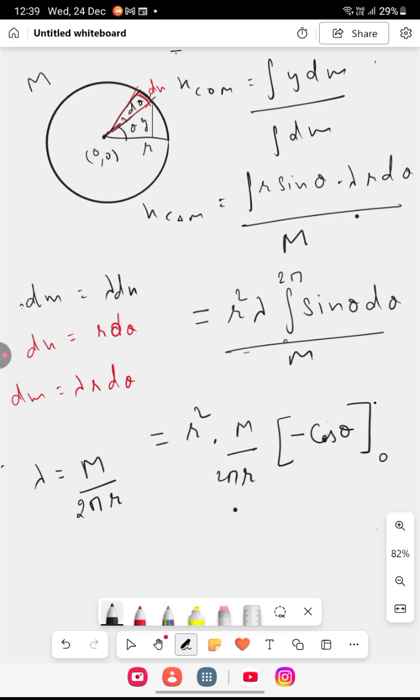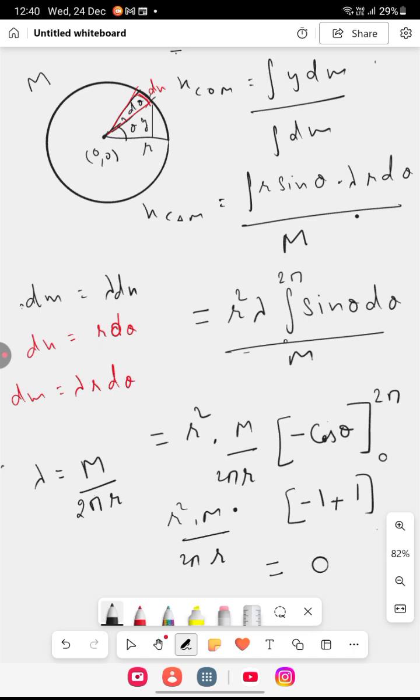Solving it, we get cos 2 pi is 1, this minus sign gives minus 1, minus cos 0 is minus 1, and this minus makes it positive, so minus 1 plus 1 gives us 0. So x center of mass will be 0.